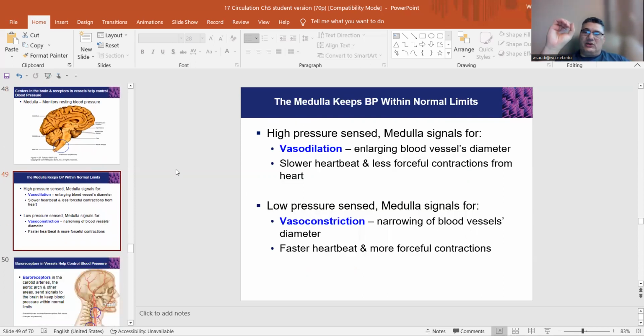The blood vessels: when you dilate the blood vessels, vascular dilation, dilation of the vessels, we call it vasodilation. When you constrict, we call it vasoconstriction. Vasodilation, vasoconstriction. Wider, narrower. Dilation wider, constriction narrower.